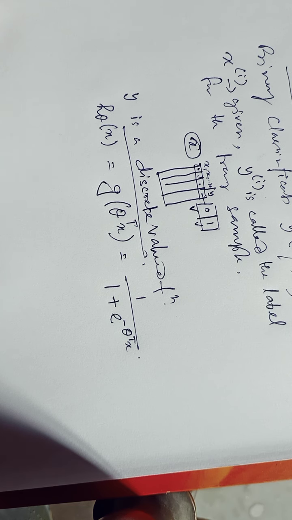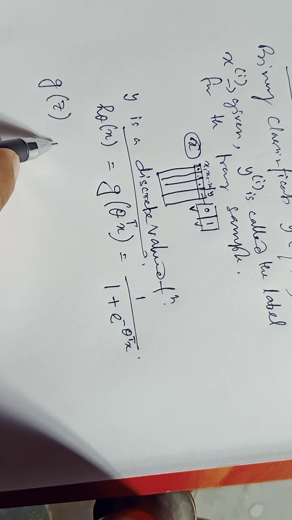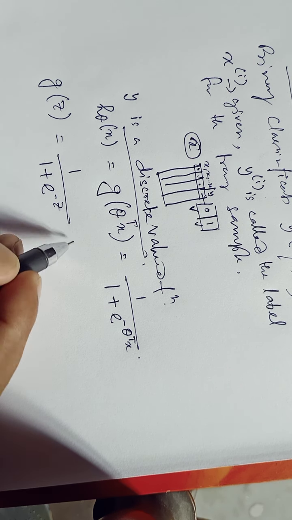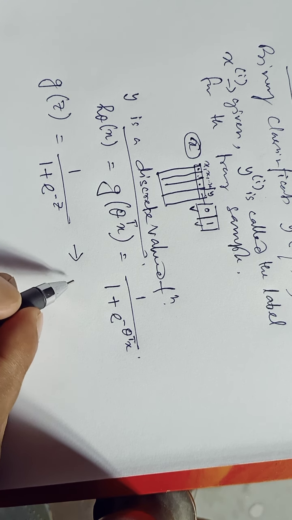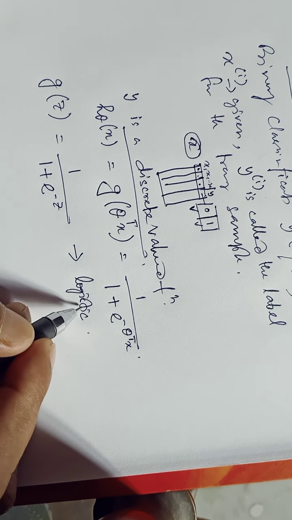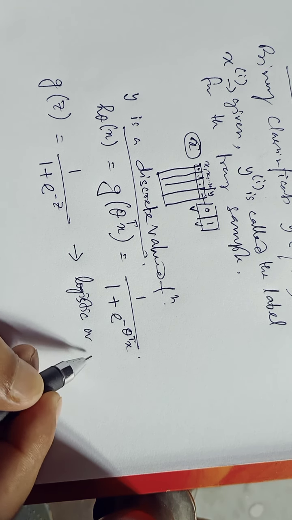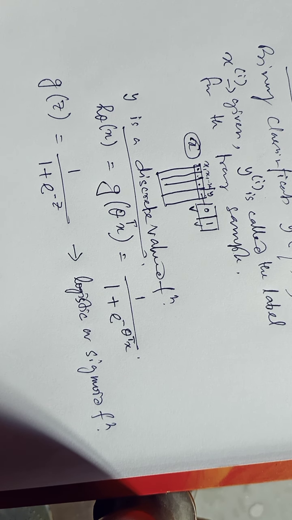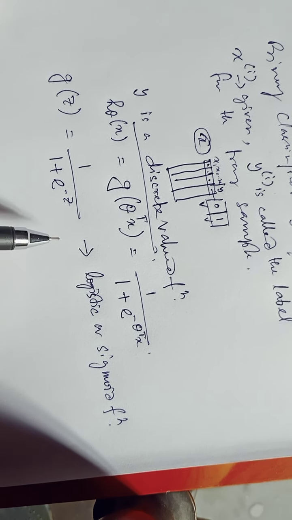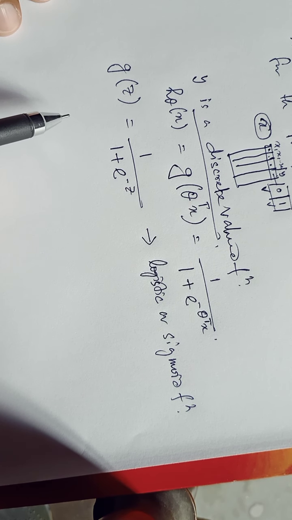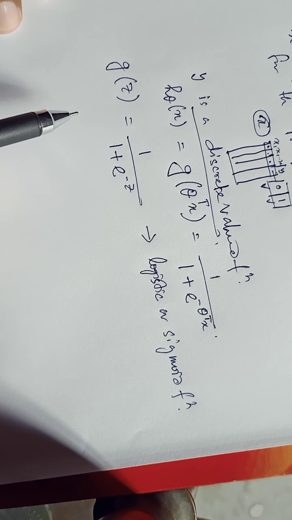So g z is defined as 1 by 1 plus e to the power minus z, and it is called the logistic or sigmoid function. Since we are using the logistic function, this regression is known as logistic regression, or we can say that this is a classification problem.